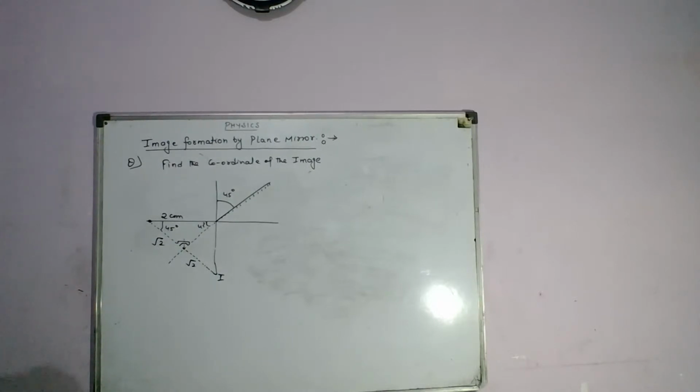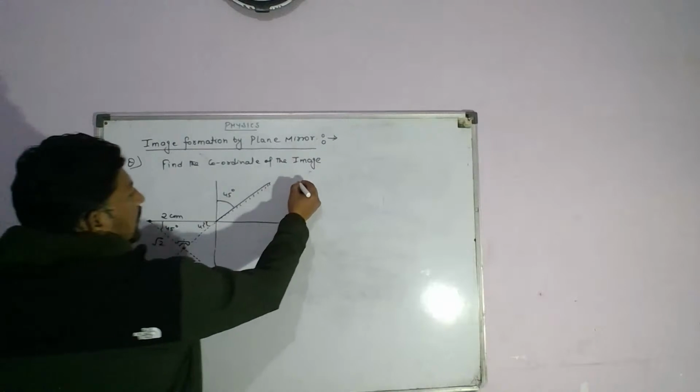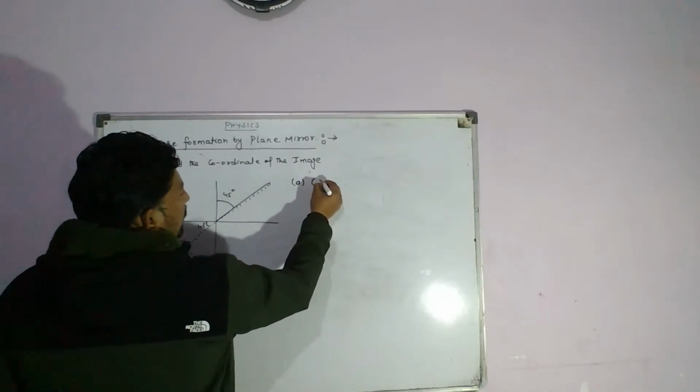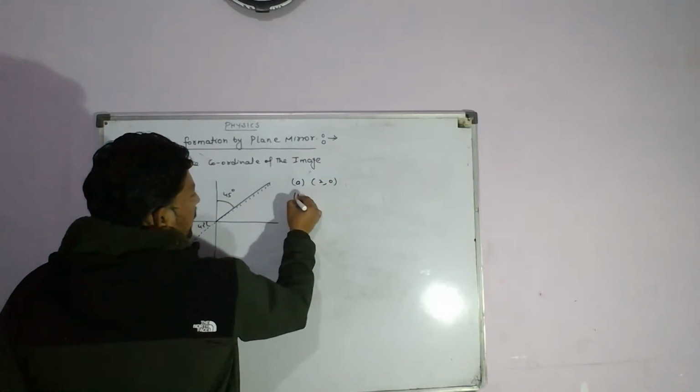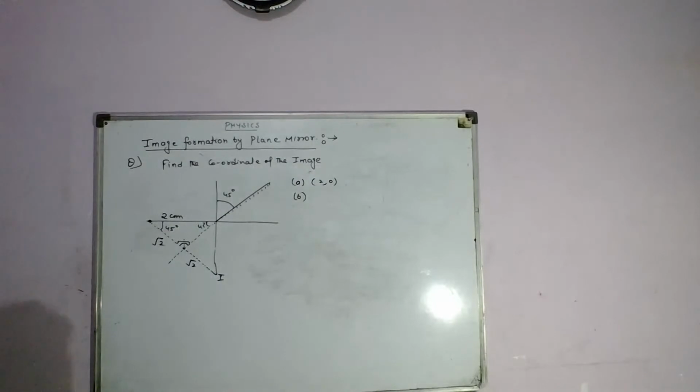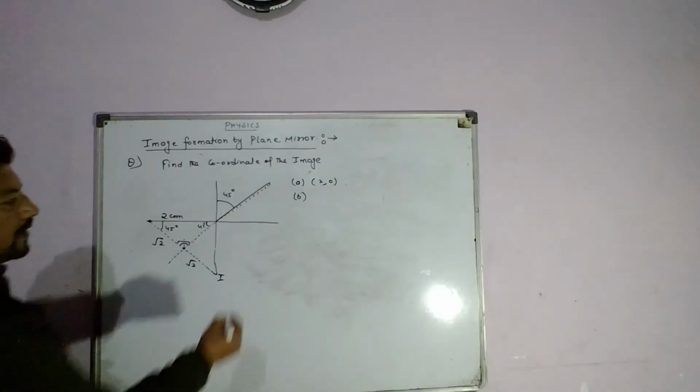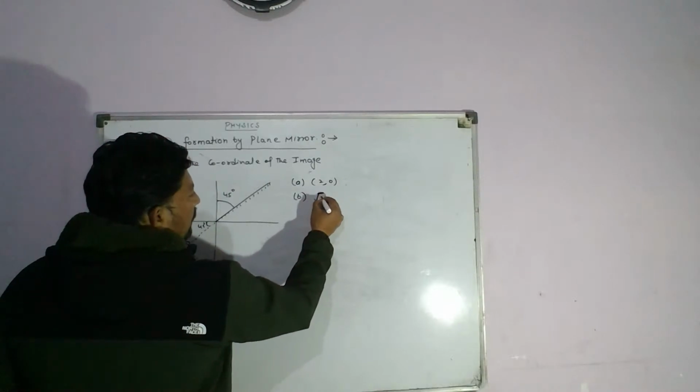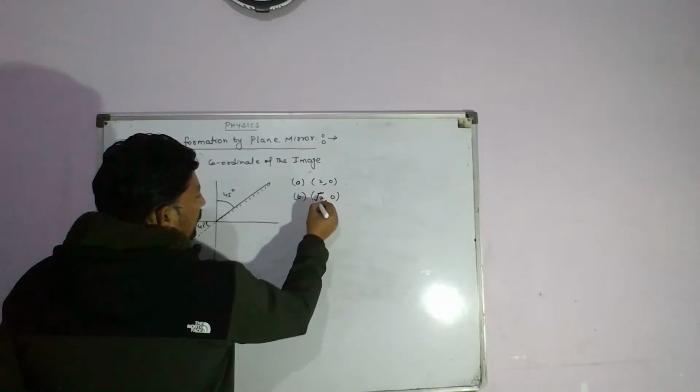So what is the right option? Option A is 2, 0. Your MCQ, or 1 or 2 marks question, is also given. Option B is under root 2, 0.